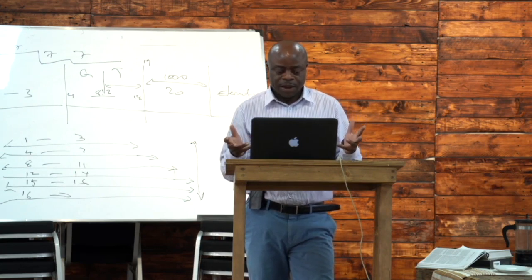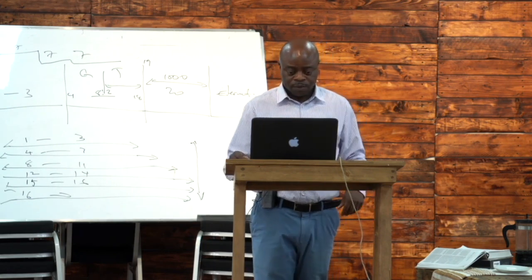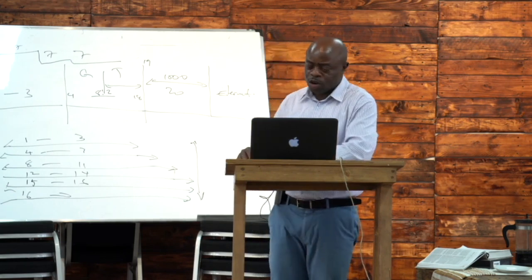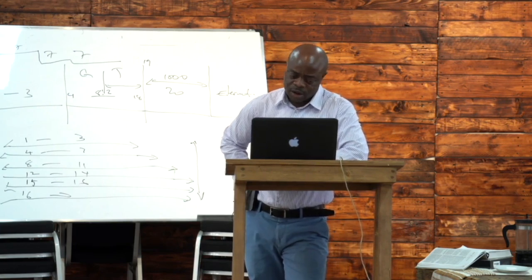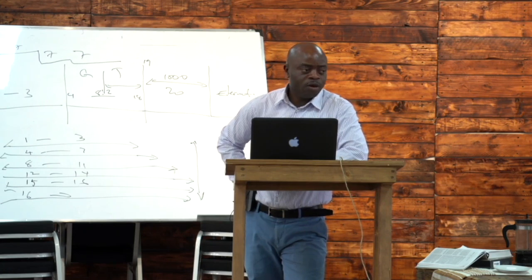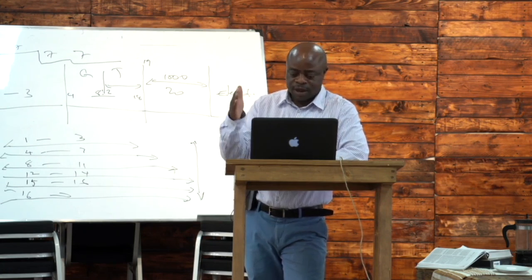Now there are three types of numbers: triangular numbers, square numbers, and rectangular numbers. They are all conceived as triangular, square, and rectangular shapes. Now let's see how John makes use of these numbers in Revelation and why 666 is very significant. Let's start with the triangular number. A triangular number is the sum of successive numbers like 1 plus 2 plus 3.